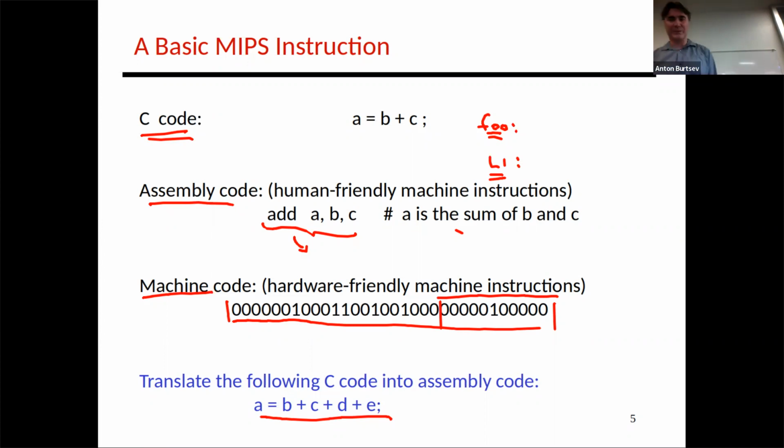Yeah, what you're suggesting is to write this. Let's introduce a temporary value T0: add T0, B, C. Add T1, D, and E. And then maybe you add T0 and T1 and put the result back into A. So what is it? T0 and T1.